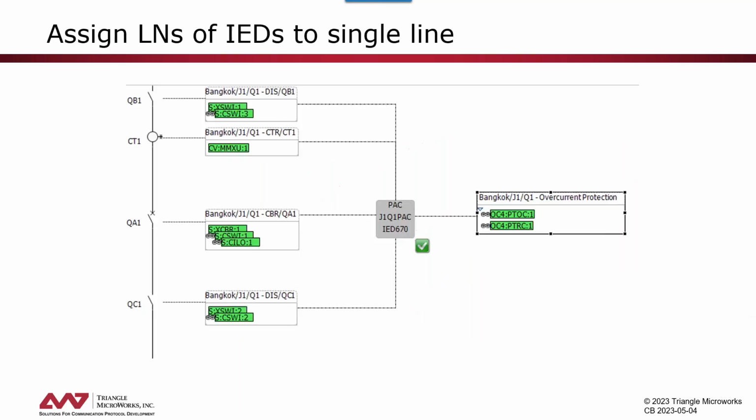I also mentioned that we have to assign the logical nodes of the IEDs in relation to the logical nodes that we initially created during the specification stage, where we had associated logical nodes to the different conducting equipment or to the bay level.